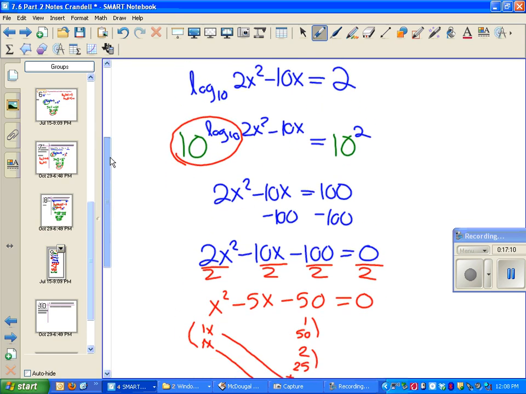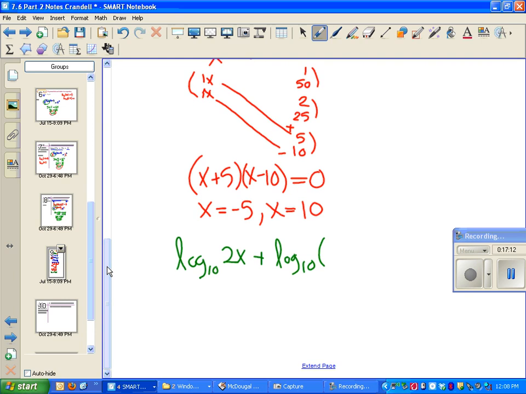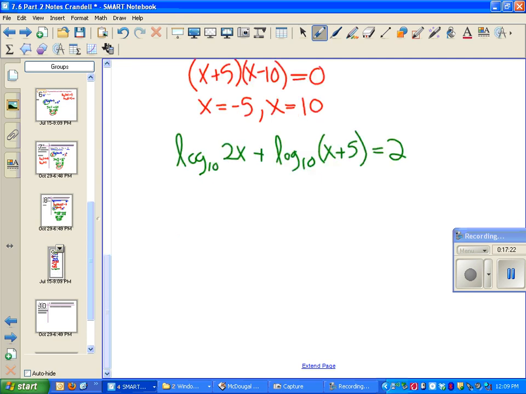All right, x plus 5 equals 2. So if I plug in negative 5, am I going to get taking a log of a negative number or 0?